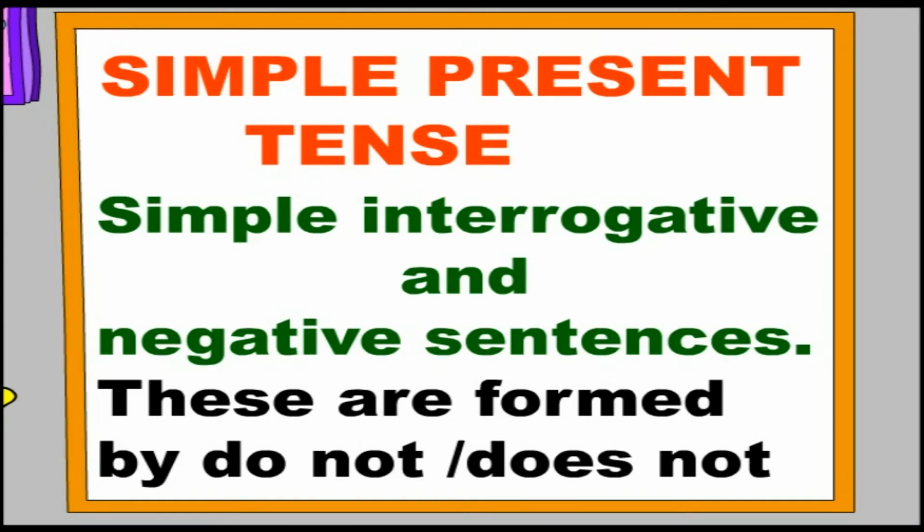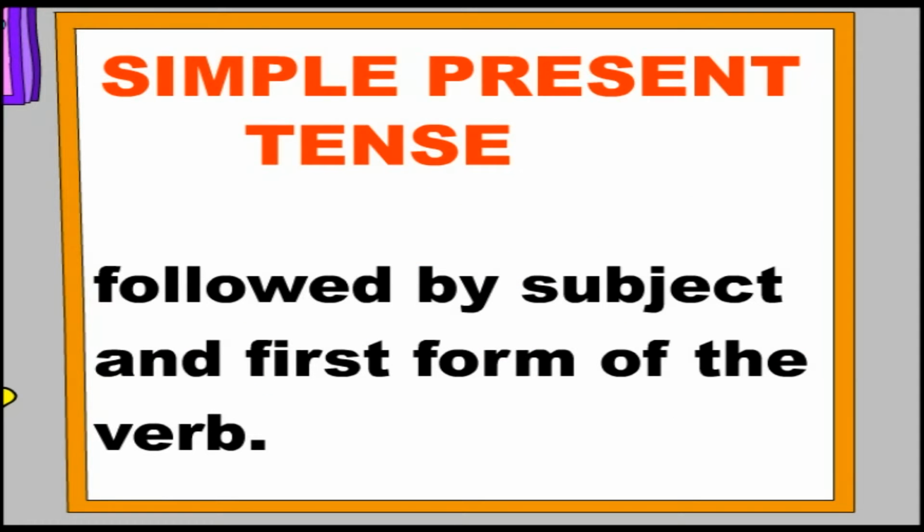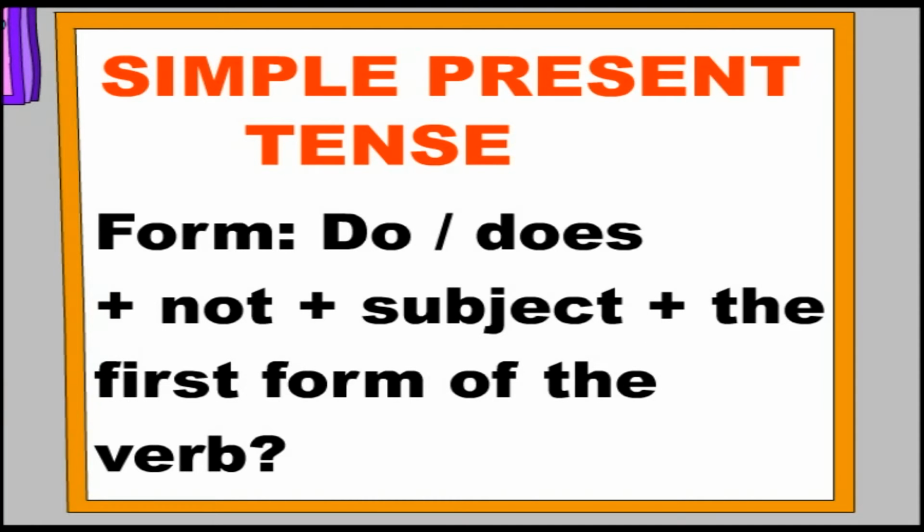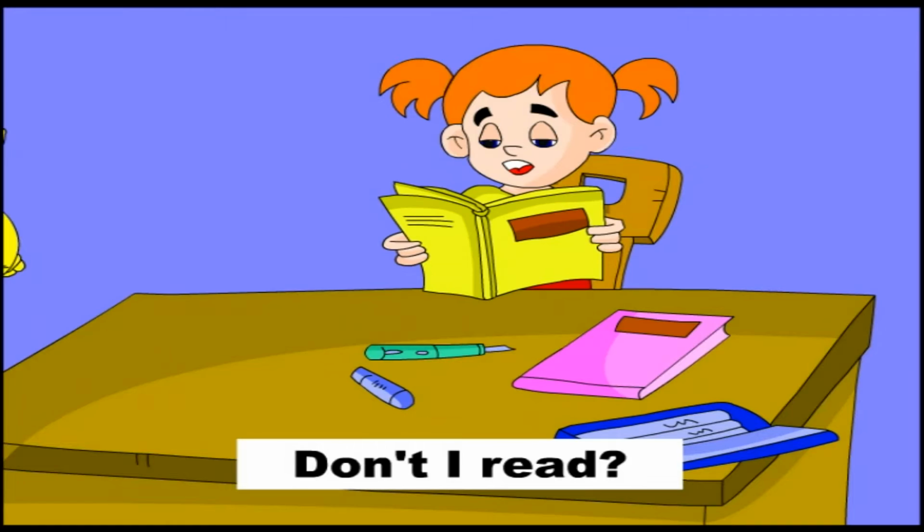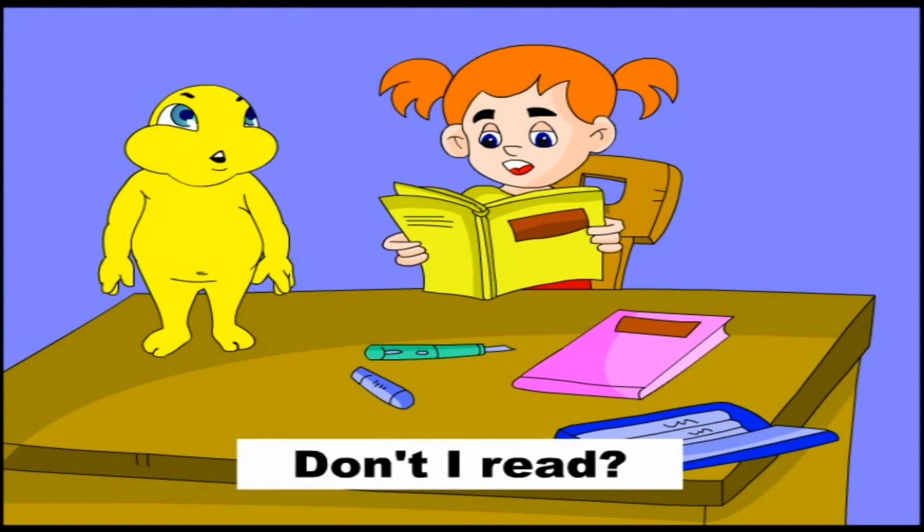Simple interrogative and negative sentences. These are formed by do not, does not, followed by subject and the first form of the verb. Form is do or does plus not plus subject plus the first form of the verb. Examples: Don't I read?